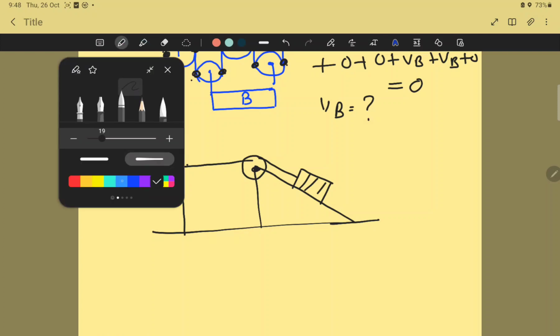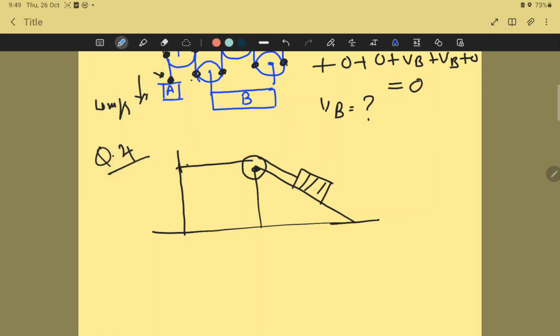This is an interesting problem as well, because in the earlier problem what we have seen, the block is supposed to be moving downward with velocity v. At the same time, this wedge is moving with velocity 10 towards it. So this is moving with respect to wedge and wedge itself moving. So this looks a bit tricky, but we can solve with the help of point method once again.